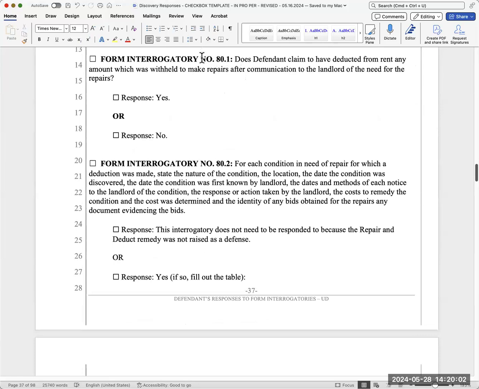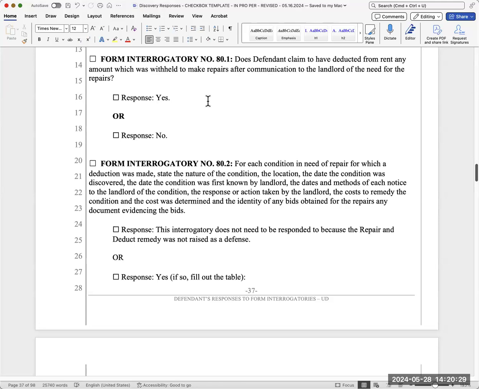Okay. And repair and deduct is something specific to a tenant having a problem in their unit that they communicate to the landlord and say, hey, I'm having this problem. The landlord saying, potentially, I don't have any way of getting that fixed anytime soon. And the tenant says, is it okay if I fix it myself or I hire someone?